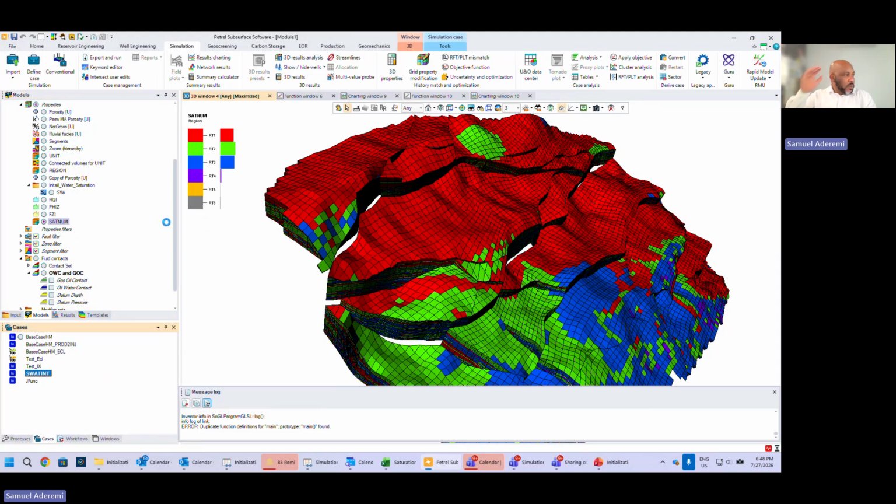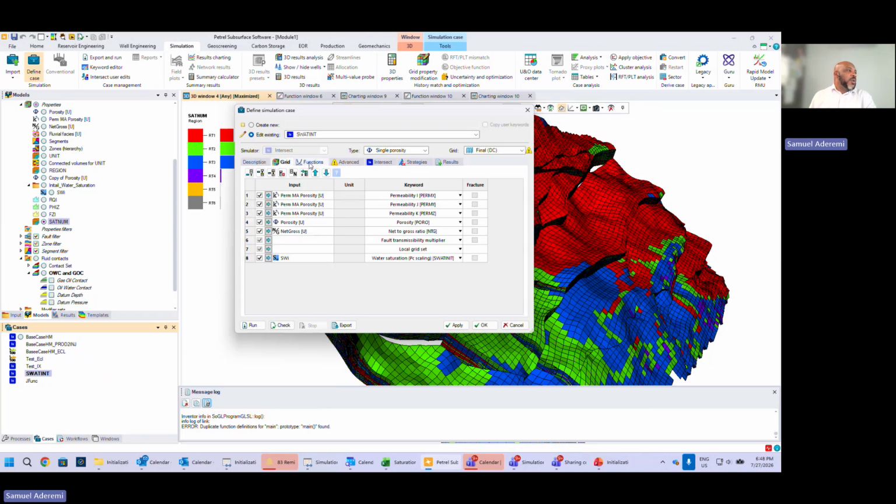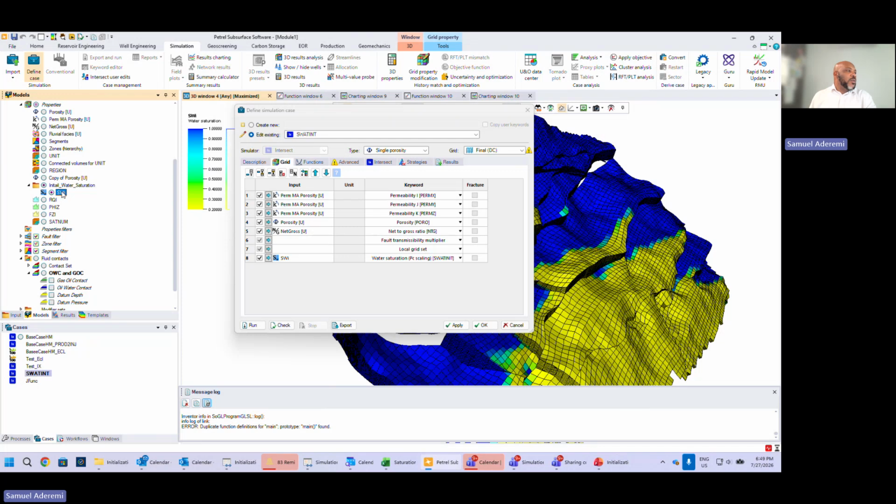initialization of your model. So if you're going to set up the initialization, let's imagine that I want to do SWATINIT. So to do the SWATINIT, it's important that you add the water saturation array that has been created by the geomodeler using the same models that you have received. So you can just append that here.